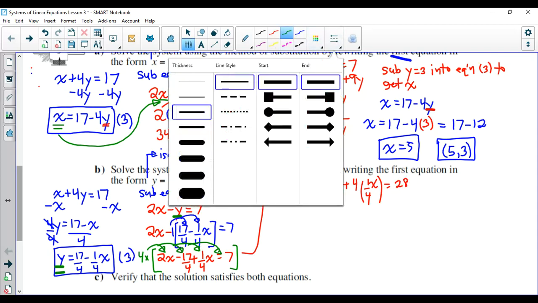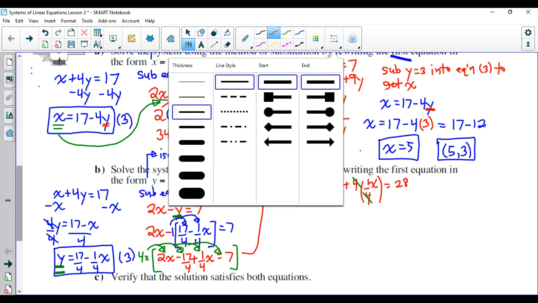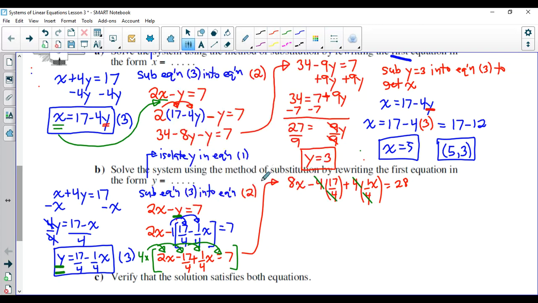Now we can see that some of these numerators cancel off. So the 4 cancels off here, the 4 cancels off there. And then what you'd be left with is 8x minus 17 plus 4x is equal to 28. And now it's just a matter of trying to solve for x.